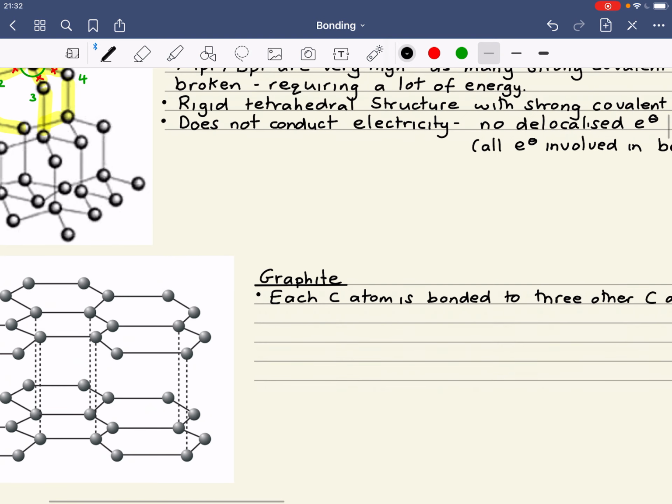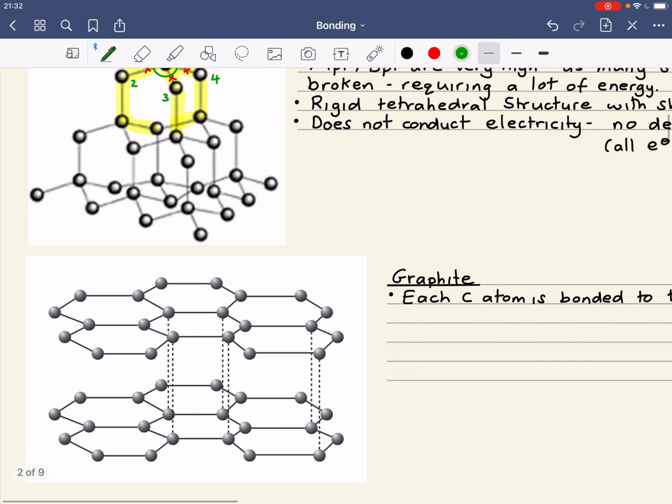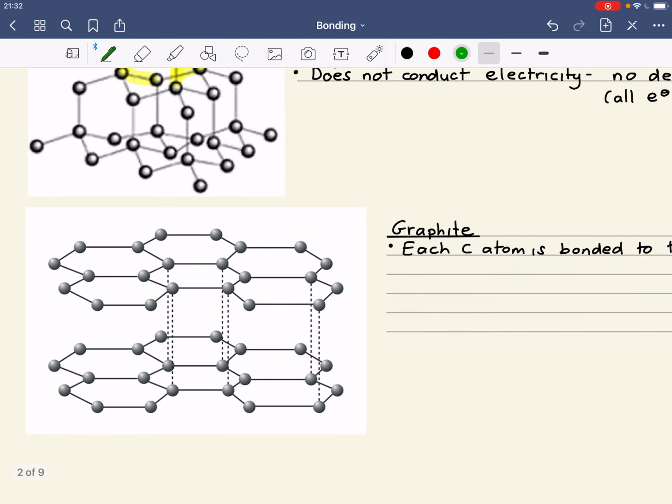If we just have a look at the diagram of graphite, this is the structure of graphite.